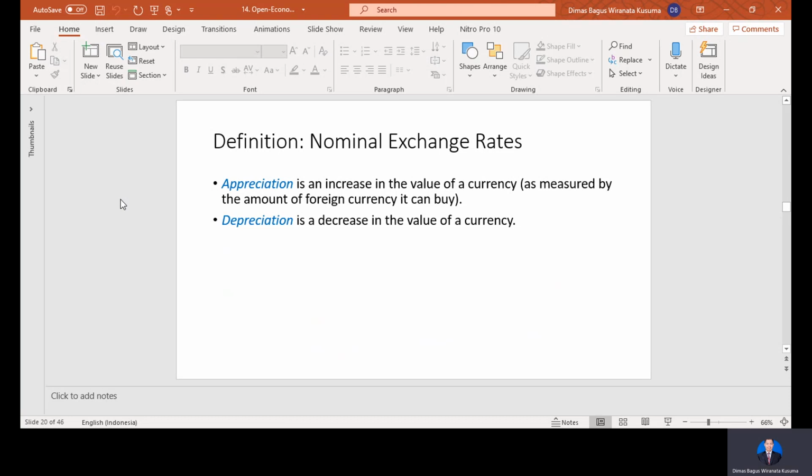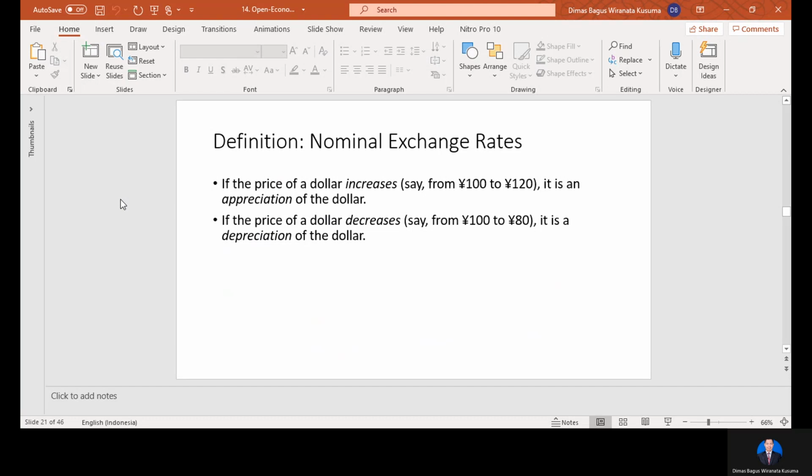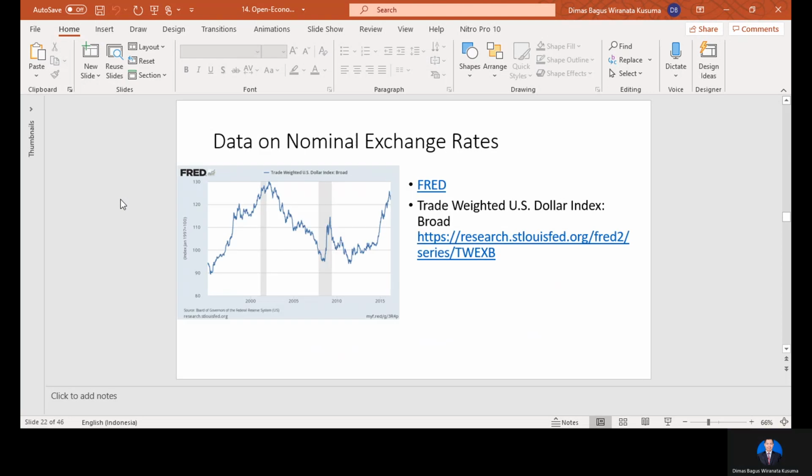Because the Indonesian rupiah decreased in value from 10,000 to 12,000 rupiah per US dollar. So if the price of the US dollar increases from 100 to 120, it is an appreciation of the dollar. If the price of the dollar decreases from 100 to 80, it is a depreciation of the dollar, as I mentioned before.